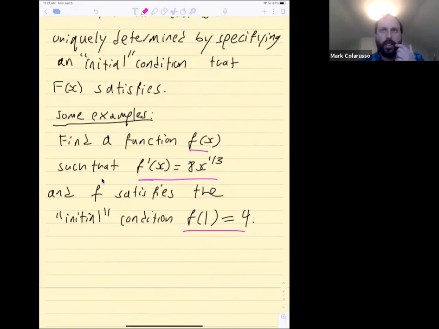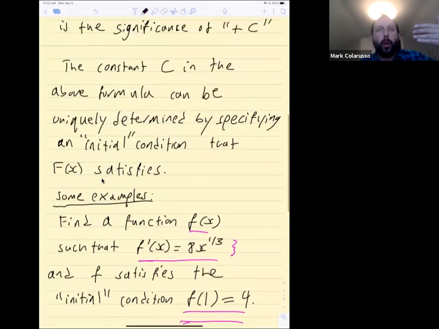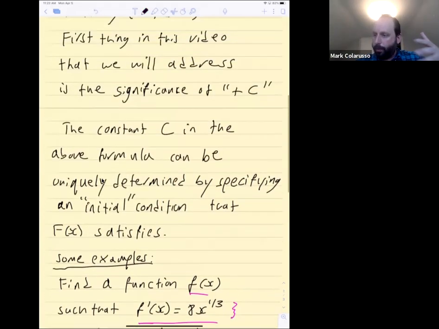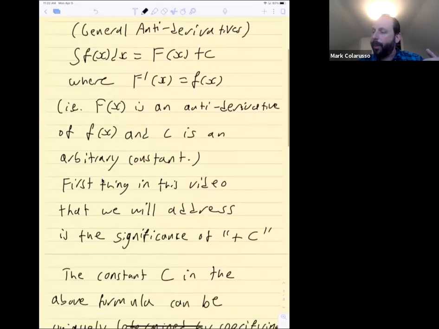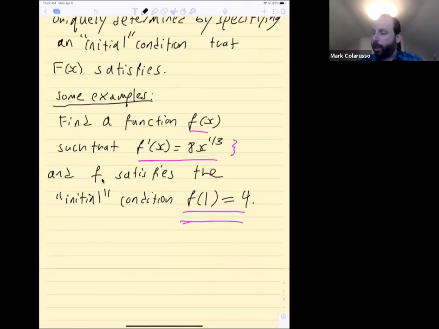So turning this on its head, it's saying find an antiderivative for the function 8 times x to the 1/3, such that the antiderivative satisfies this initial condition that at value 1, it's equal to 4. So this is the problem I was talking about earlier, at the beginning of the video, in slightly different language. Okay, so it's good to recognize that.